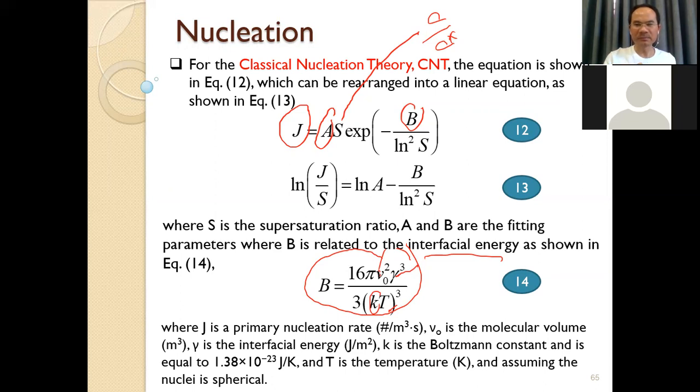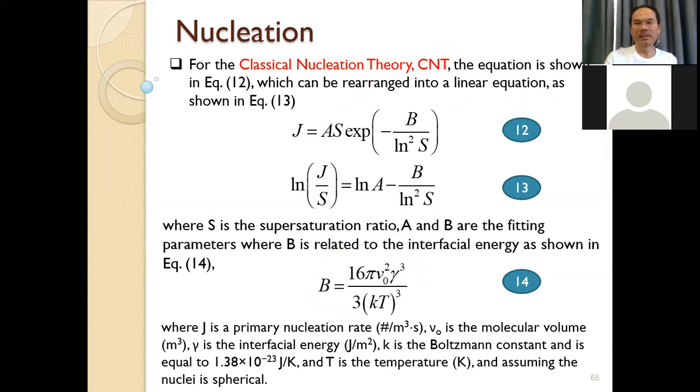For higher interfacial energy, there is lower nucleation. Higher temperature, higher nucleation. These two parameters are very important: the temperature and the interfacial energy. Again, the higher the interfacial energy, the lower the nucleation. Why?